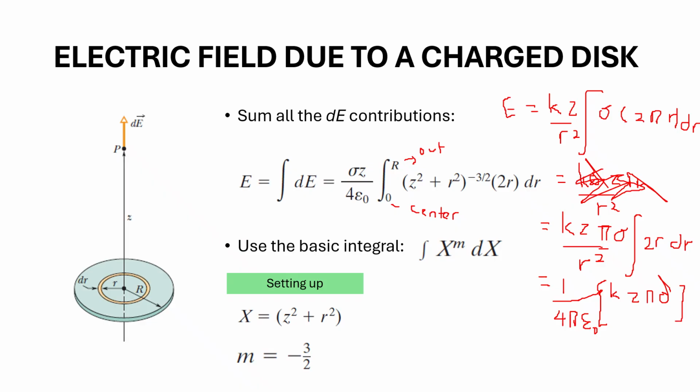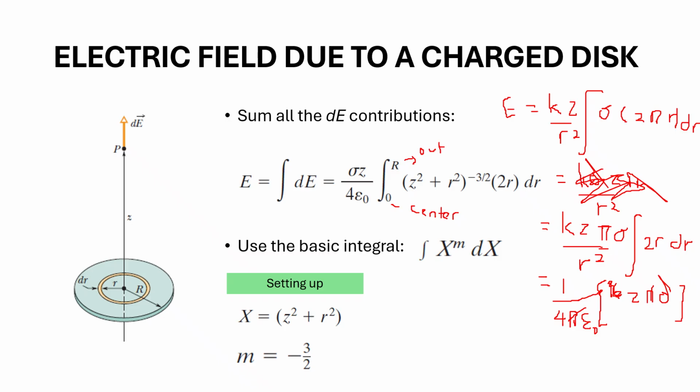So pi and pi you can cancel out. We no need to put k here anymore. So that's why the summation of the electric field element is delta z over 4 pi epsilon naught.